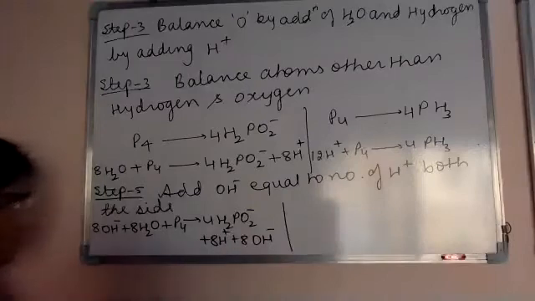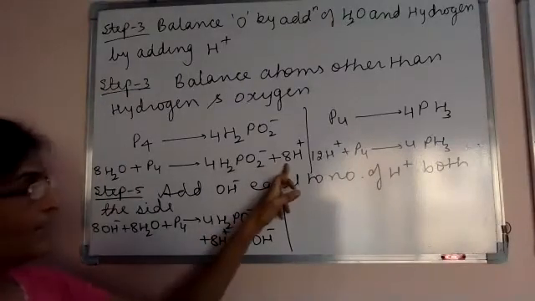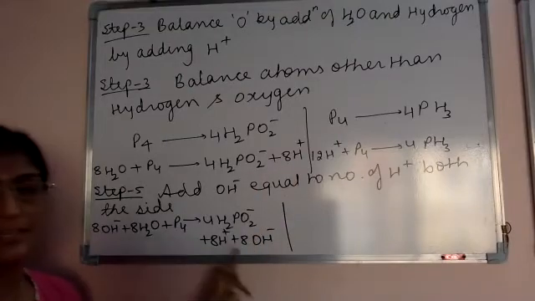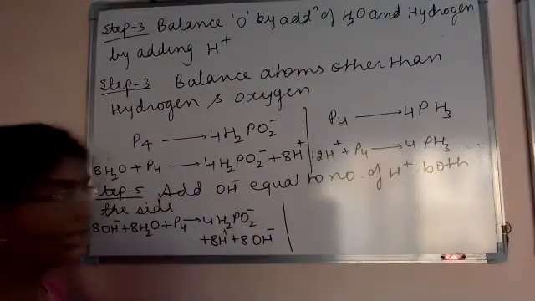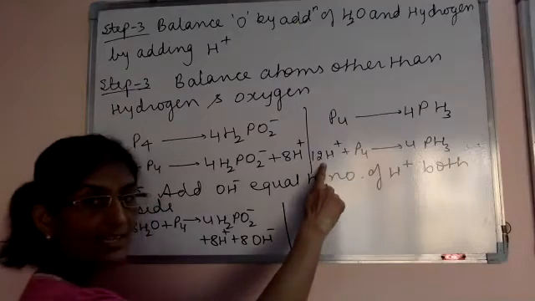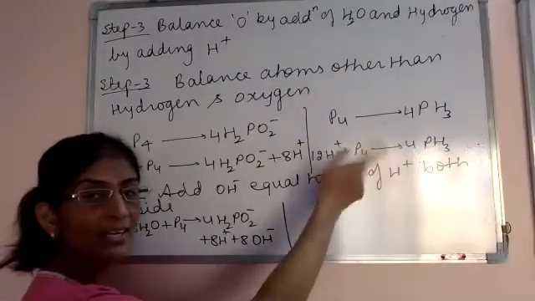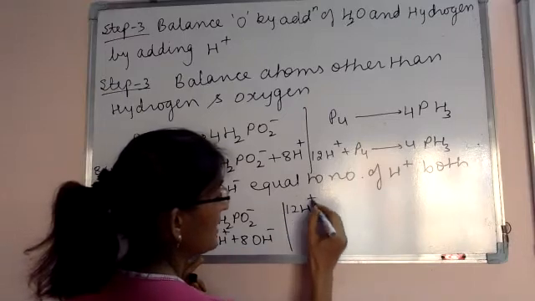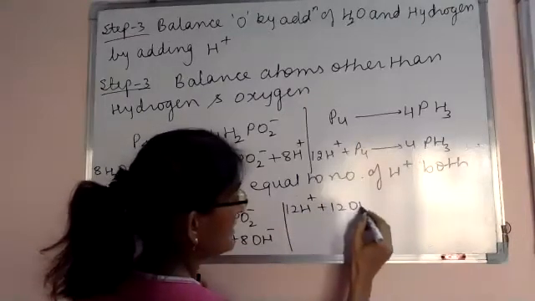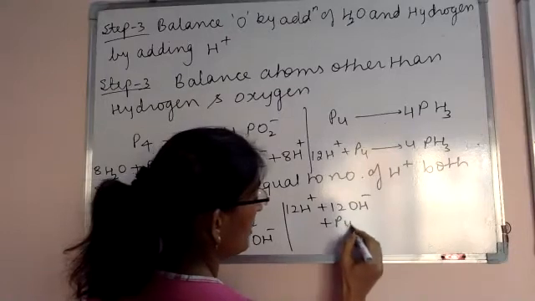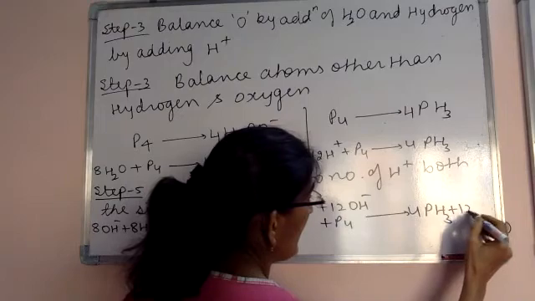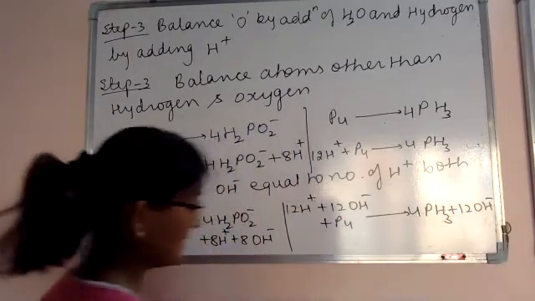You have to add OH minus on both sides. Here there was 8 H plus, so 8 OH minus on both sides. For example, in this equation, 12 H plus is there, so 12 OH minus we have to add on both sides. So 12 H plus, we add 12 OH minus, plus P4 gives 4PH3 is already there. Here also we have to add 12 OH minus.